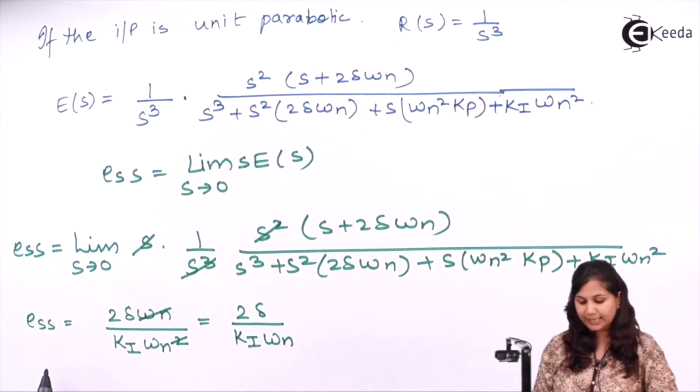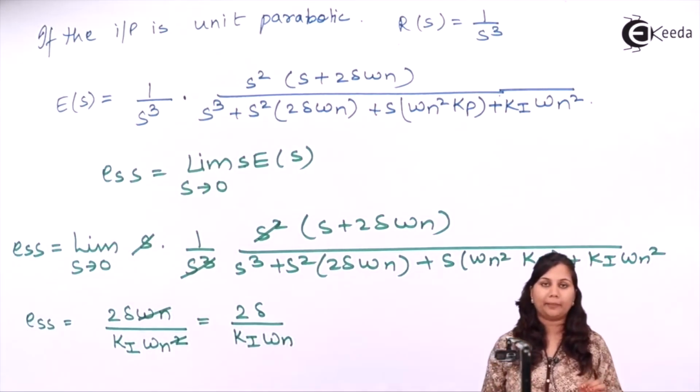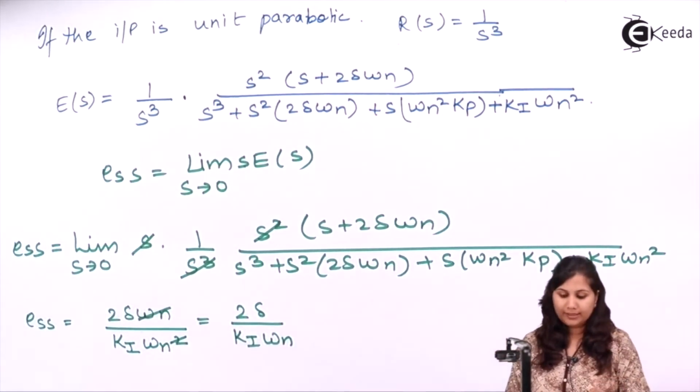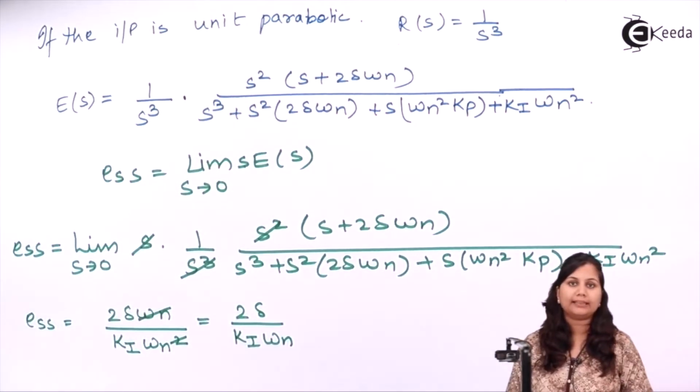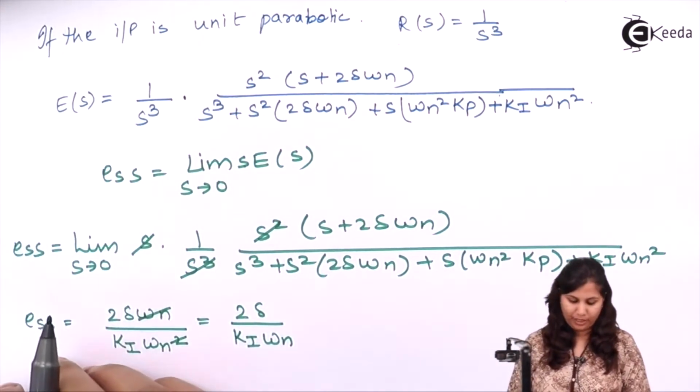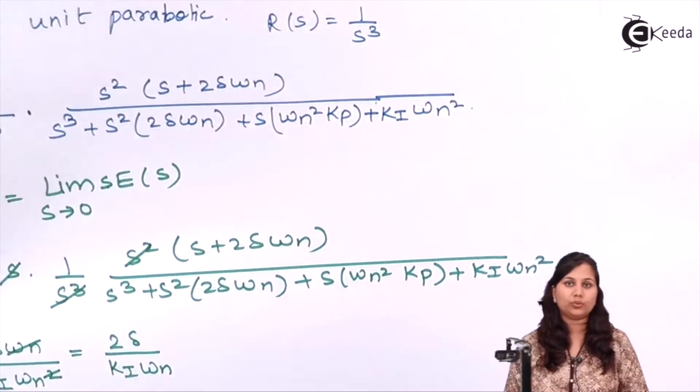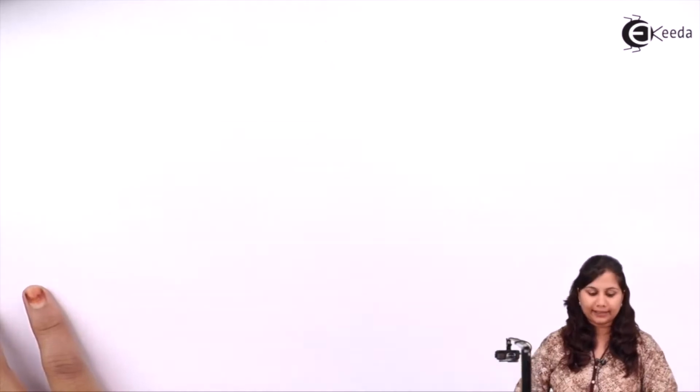So this is the steady state error for a unit parabolic function when the system is having the proportional and integral controller. Now let us see where we can use the proportional and integral controller, what are its advantages and disadvantages.